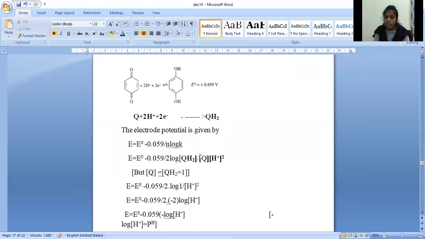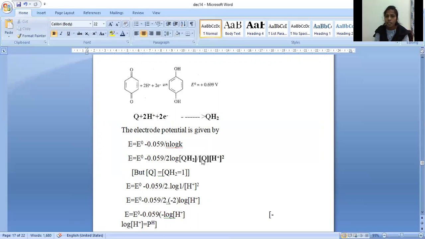But we know that quinone and hydroquinone are in equimolar concentration. These two concentrations are equal in the quinhydron electrode. So the ratio of quinone and hydroquinone is equal to 1.